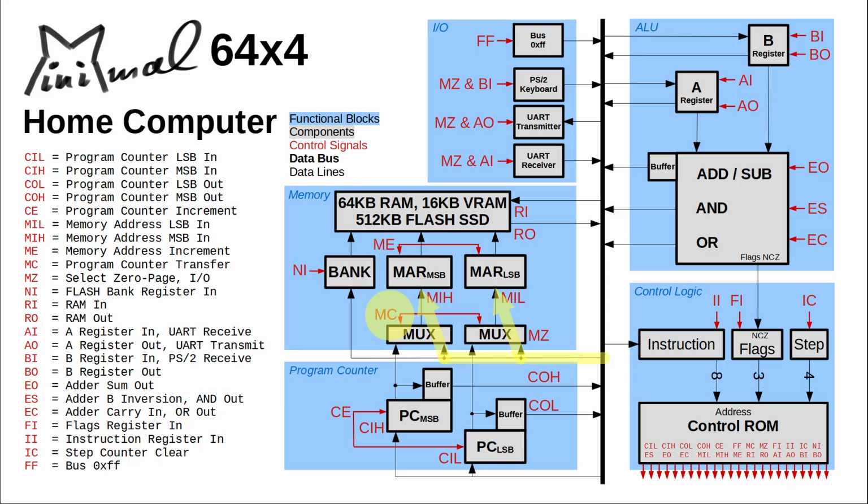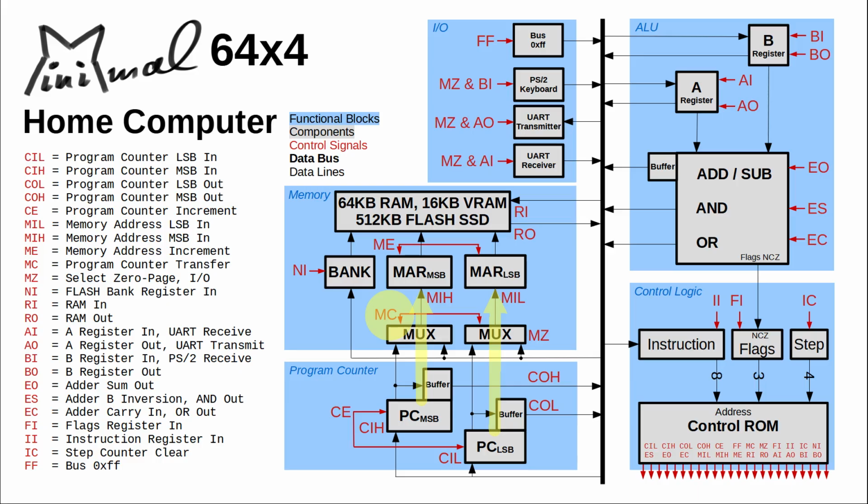The control signal MC switches the MAR input between the bus and the program counter via two 8-bit multiplexers. If MC is low, both MAR inputs will sample the current bus value. But if MC is high, the MAR's LSB will sample the program counter's LSB, while the MAR's MSB will sample the MSB.